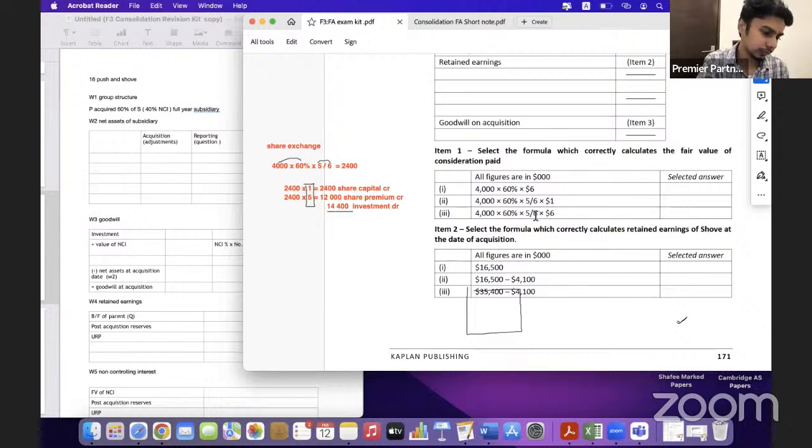Beta, 4,000 into 60%, then that's 2,400, no? That you multiply by 5, that divided by 6 is 2,000. Okay, okay, yeah, I get what you're saying. Wait, then did I make a mistake on my calculation over here?